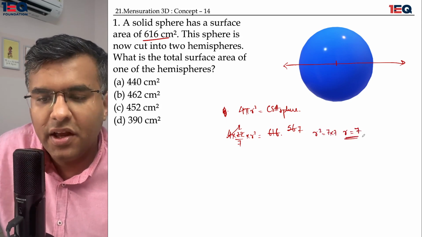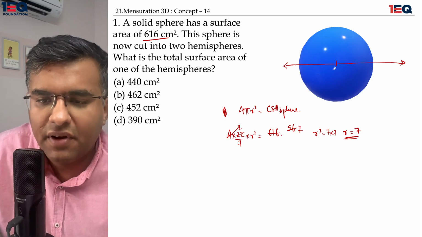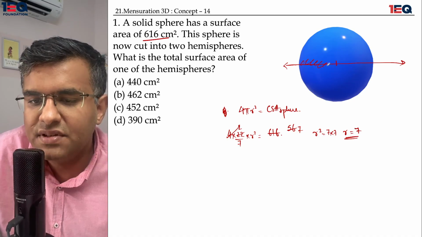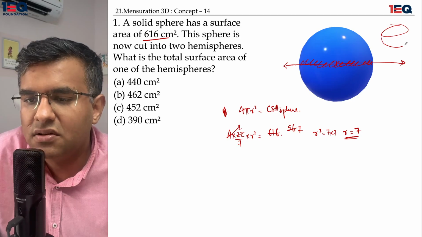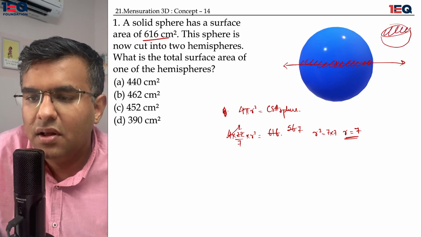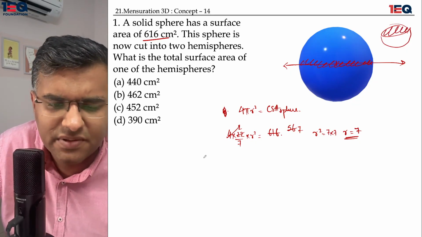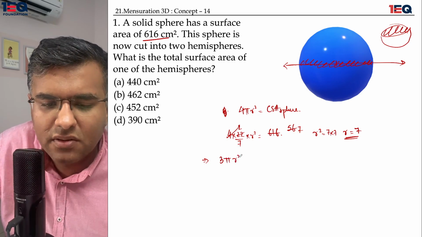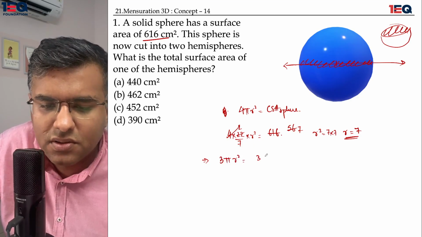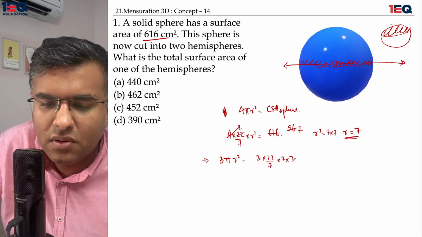Or simply the value of r comes out to be 7. If I have my r being equal to 7, I can find out the area of the flat surface which occurs over here, or I can simply find out the area of the hemisphere. The total surface area of one hemisphere is 3 pi r square. So 3 into 22 over 7 into 7 into 7.